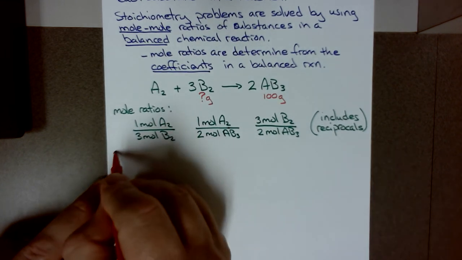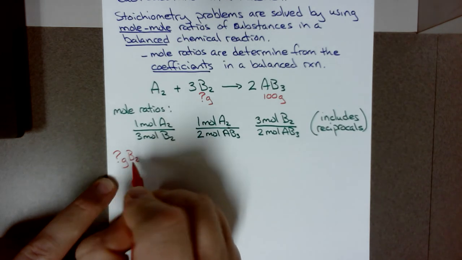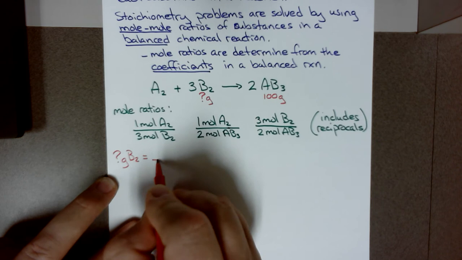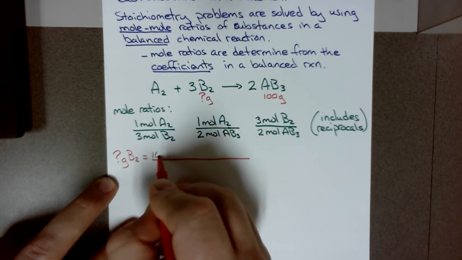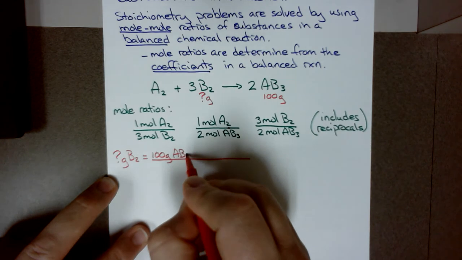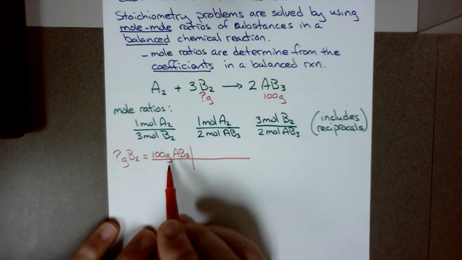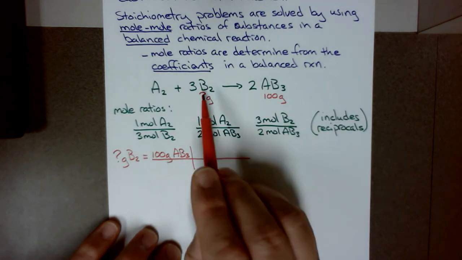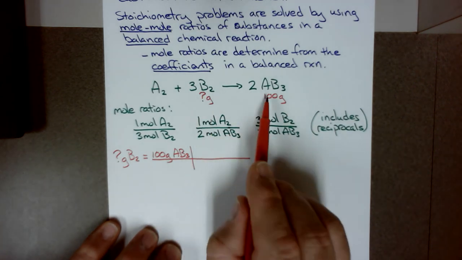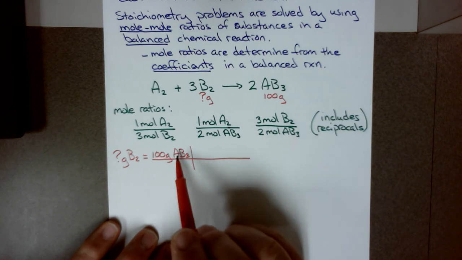So if I want to know how many grams of B2 are required to produce 100 grams of AB3, the first thing I would do is, I know I'm in mass, and the only way I can go from one substance to the other substance is through this mole to mole ratio. So I have to go from mass to moles.